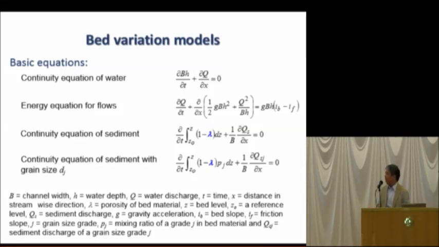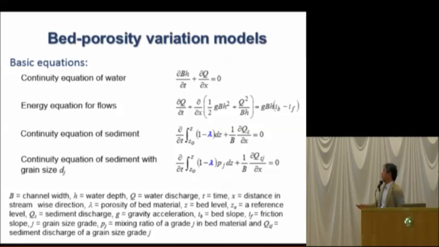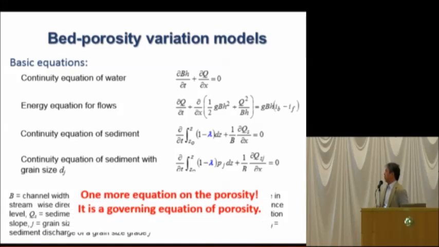But for the bed porosity variation model, we must consider the change of the porosity, this lambda. So that means we need one more equation on the porosity, its governing equation.